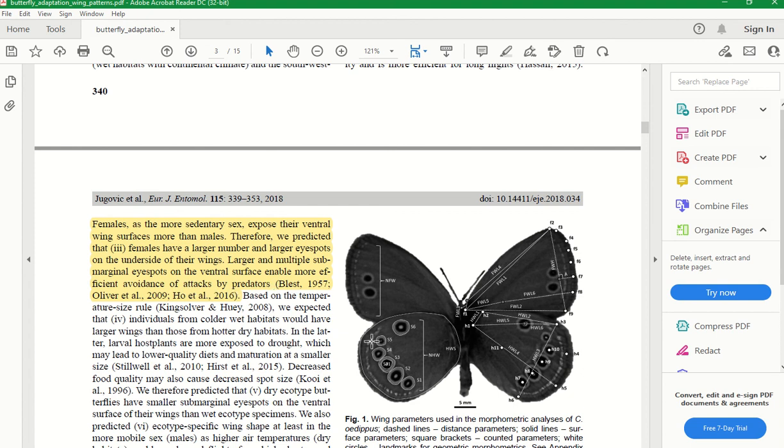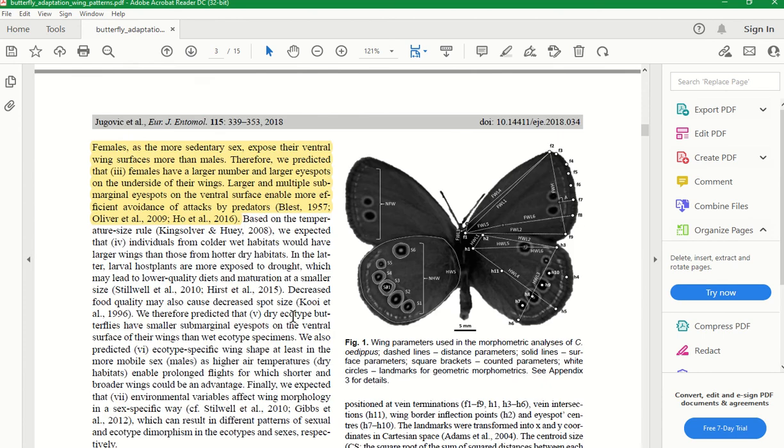So if these females are sitting around, not in the position that we see here, but with their wings folded back behind them, which is how they would sit if they were on a branch and being sedentary, they're predicting they'll have larger and more multiple spots so that they can scare off predators more. It is a wonderful adaptation that would make sense, and that's why they're predicting it.